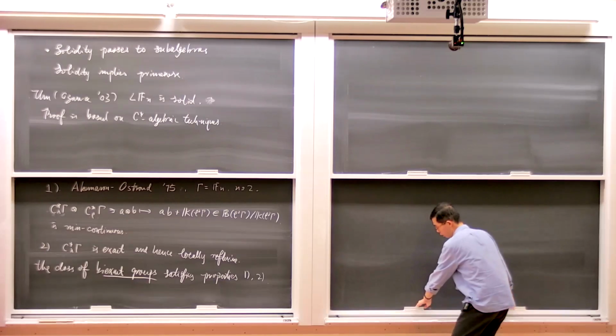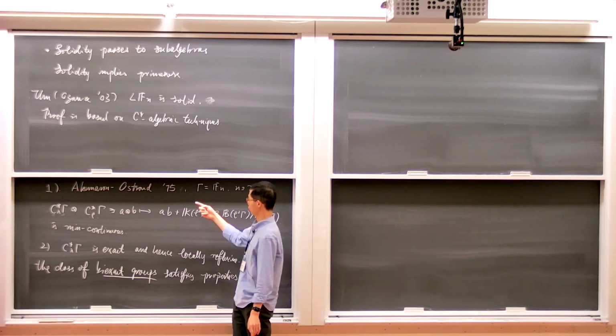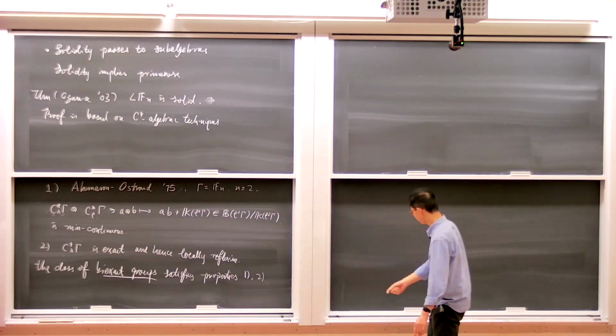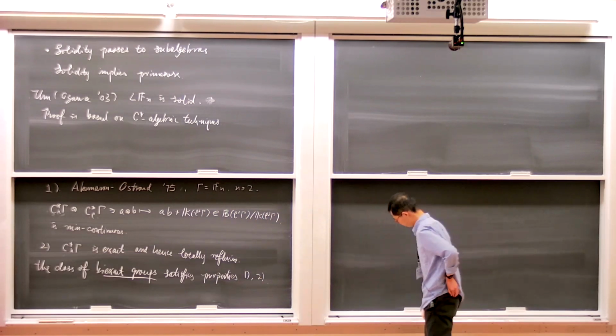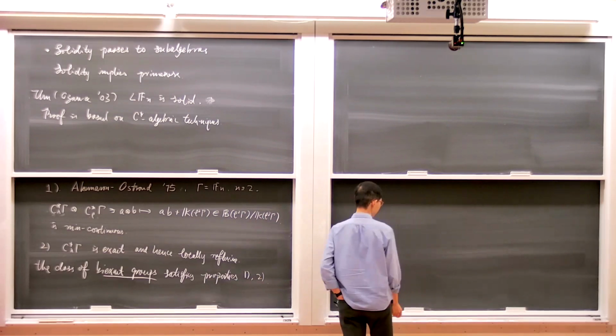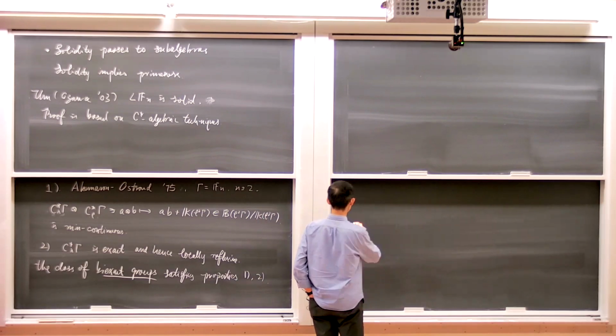So before, well, you can take this, mean continuous together with the group being exact, as the definition of bi-exact groups, and we'll introduce another perspective on this class of groups. But before getting into the other definition, I'll just give you some examples.